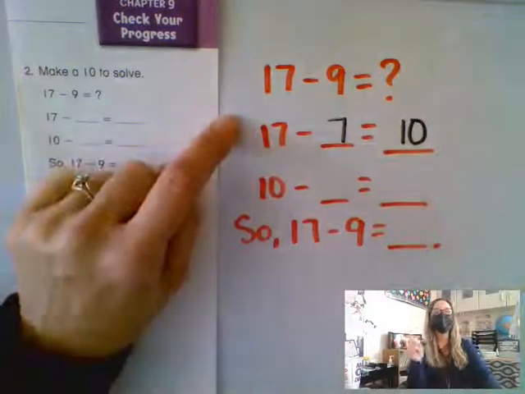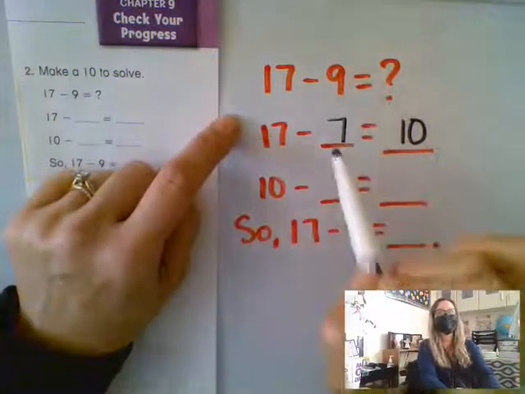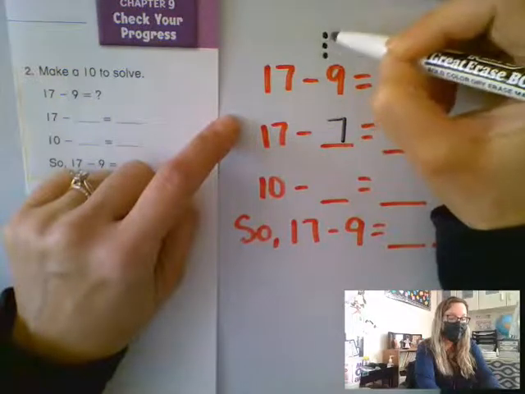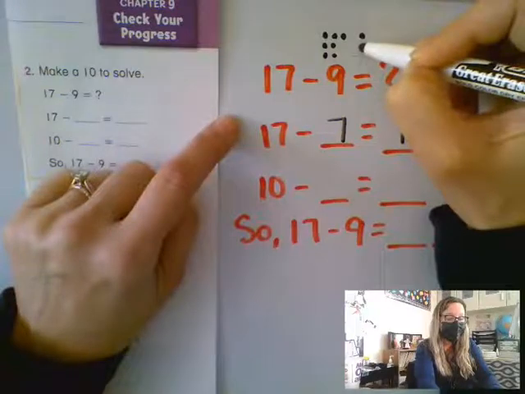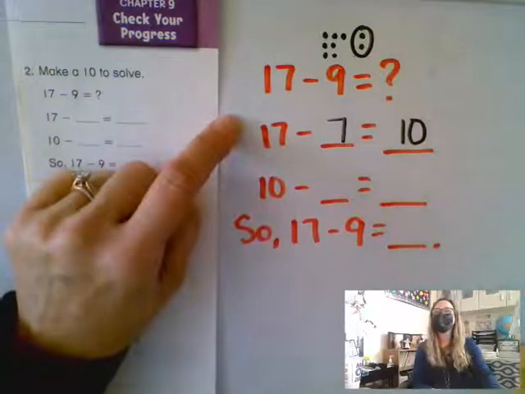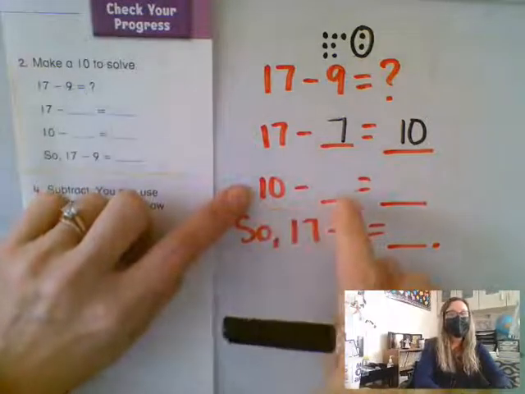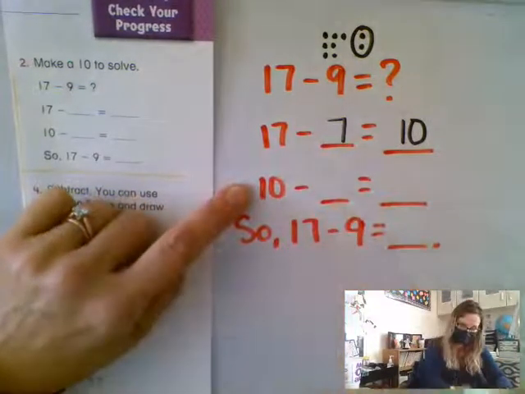But we're not done yet, and here's why. They want us to take away 9, not 7. So we've already taken away 1, 2, 3, 4, 5, 6, 7. But we still have 8, 9, 2 more that we have to take away. So now that we have our 10, Emily, how many more should I put on this line that we still need to take away? 2 more.